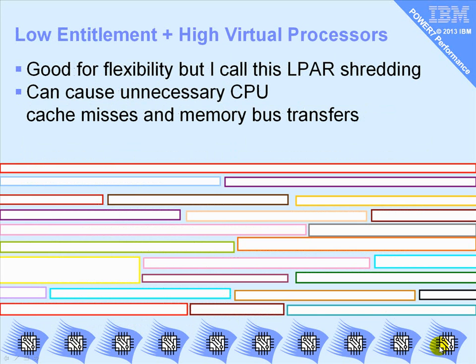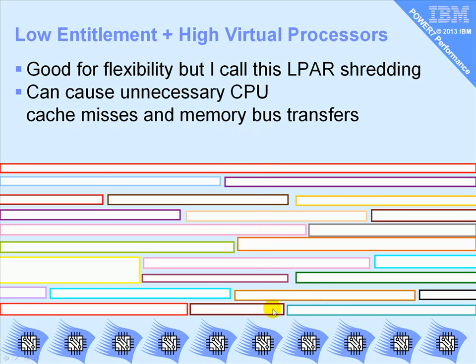Here we've got low entitlement but high virtual processor numbers. Now this is good for flexibility, if we get as many LPARs as we can onto a particular machine. But we can get into this LPAR shredding, as I call it, causing unnecessary CPU cache misses and memory bus transfers. If we look at one CPU here, it is running 10 different logical partitions.